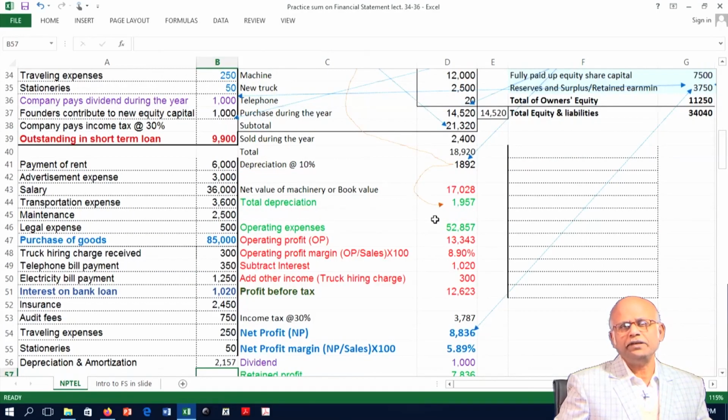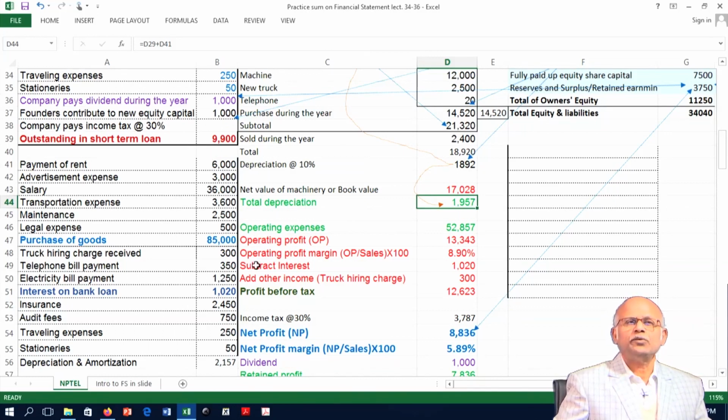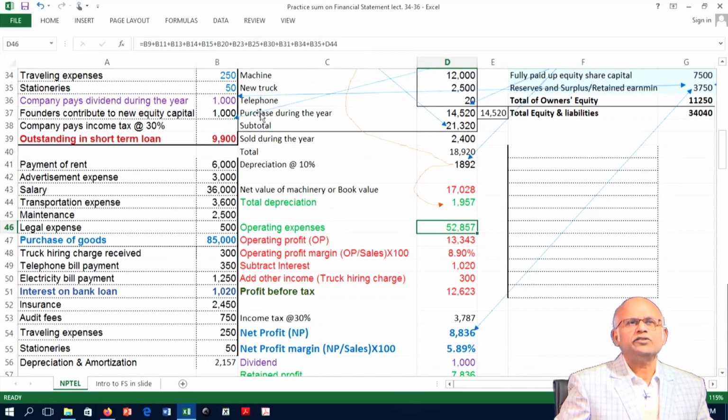Now, after having done that, we can estimate the operating expense. So, this is the total depreciation, and 200 is the amortization. We added them together, B 9, 11, 13 and all that, whatever we have written here, classified as operational expenses. We have summed them up and we have got 52,857 rupees as operating expense.